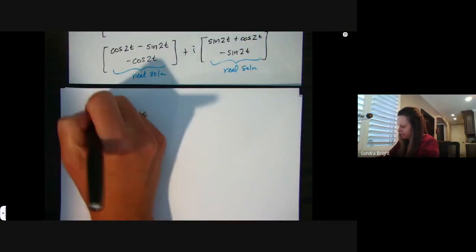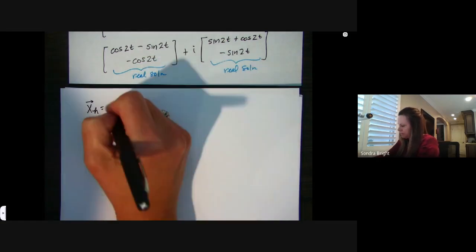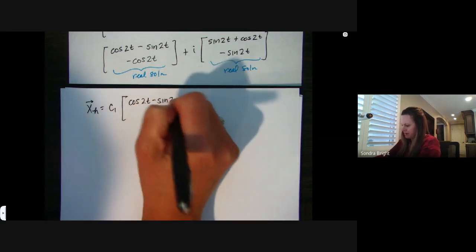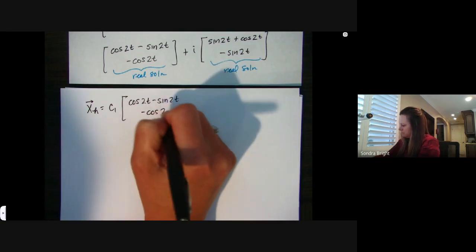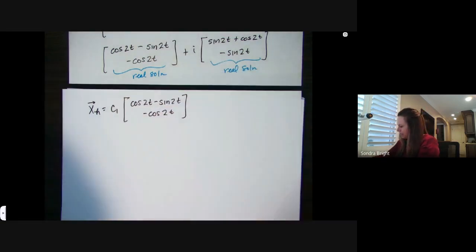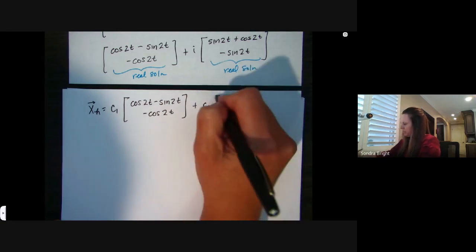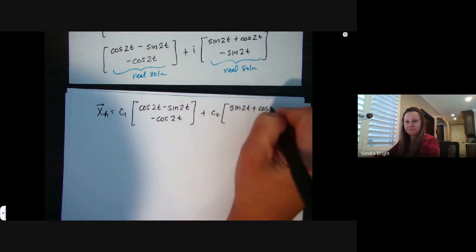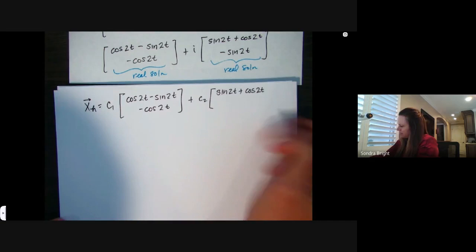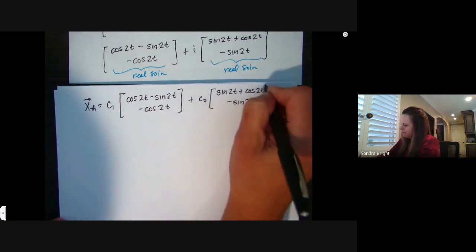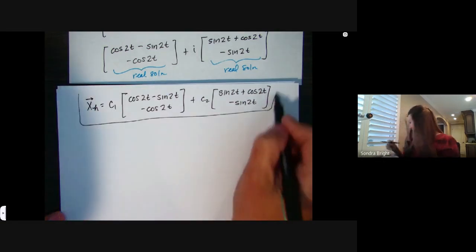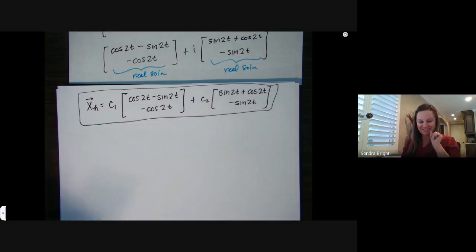So my solution is C1 times this matrix of cosine of 2t minus sine of 2t and negative cosine of 2t, and then plus C2 times sine of 2t plus cosine of 2t and negative sine of 2t. And there's your solution.